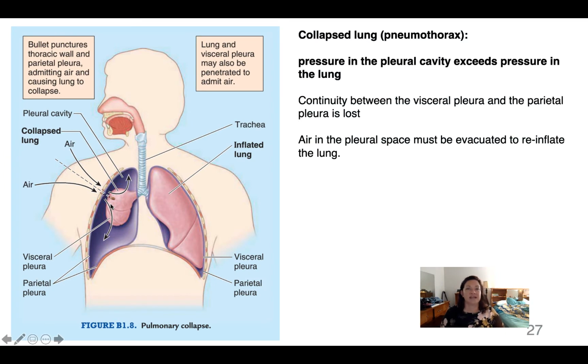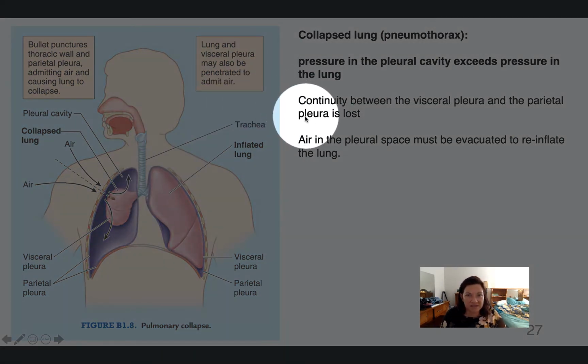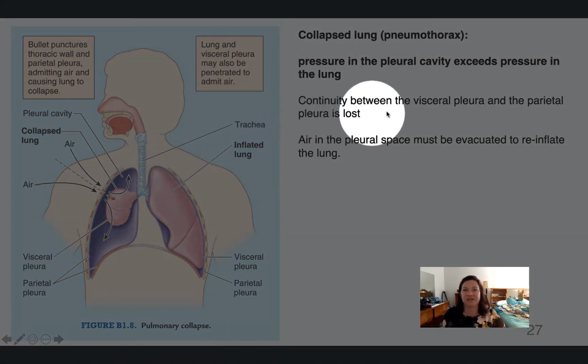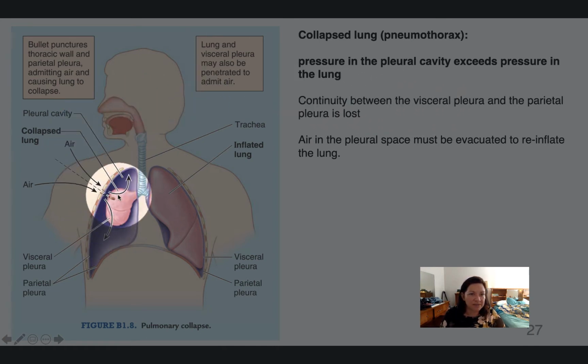And so this is a direct result of that loss of continuity I talked about in the previous video between the visceral pleura and the parietal pleura. So the coupling between the lung and the chest wall is lost. And so in order to reinflate in this scenario, you have to actually restore negative pressure in the pleural cavity.